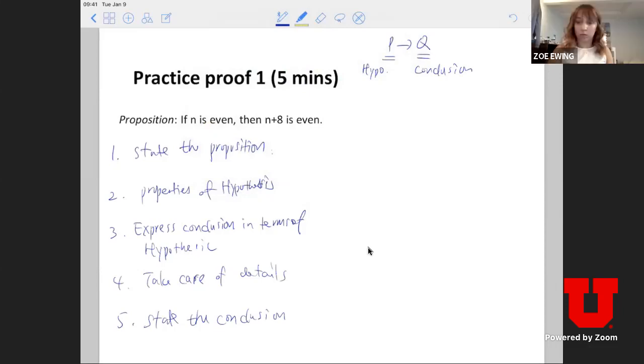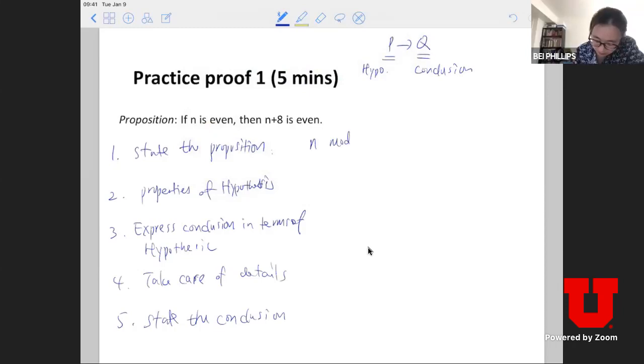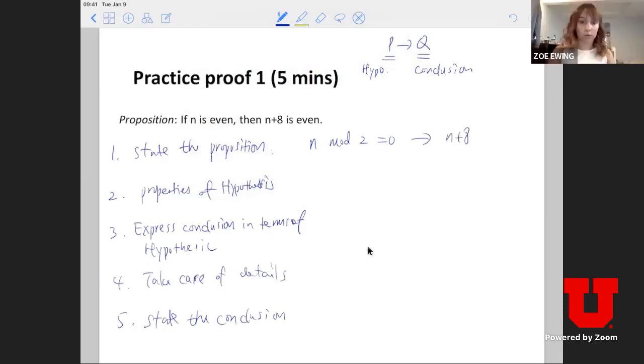N modulo 2 equals 0, n plus 8 mod 2 is 0. So n mod 2 equal to 0 implies n plus 8 mod 2 equal to 0.